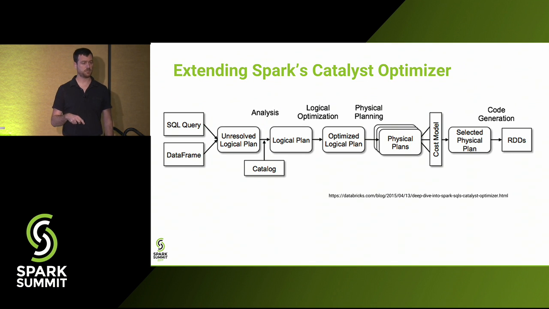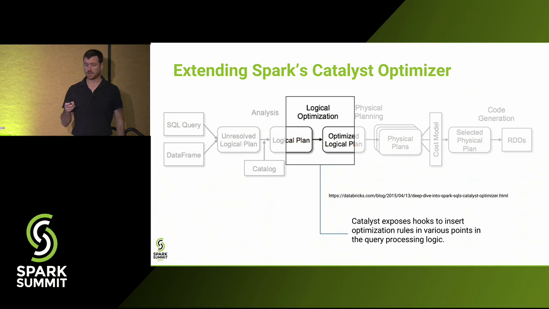Spark's Catalyst Optimizer, for those of you who aren't familiar, Catalyst is responsible for taking a query, analyzing the query and producing a logical plan, and then optimizing that logical plan, coming up with a number of different physical plans and selecting one of those physical plans for execution. There's a bunch of different extension points within the Catalyst Optimizer.